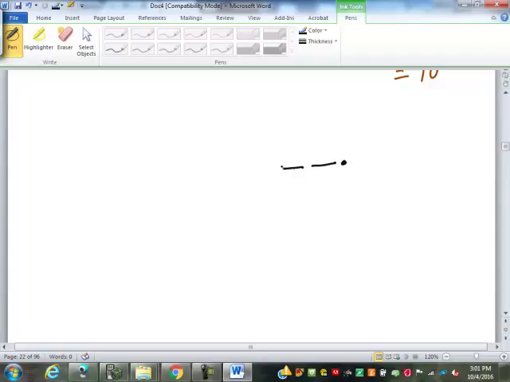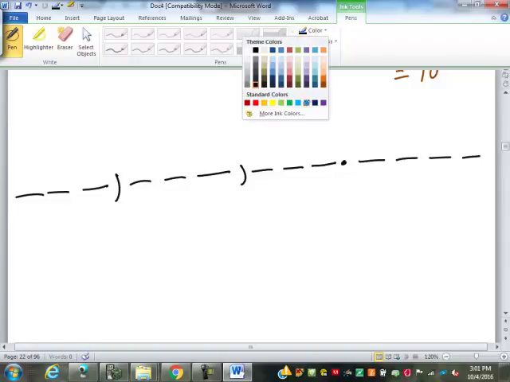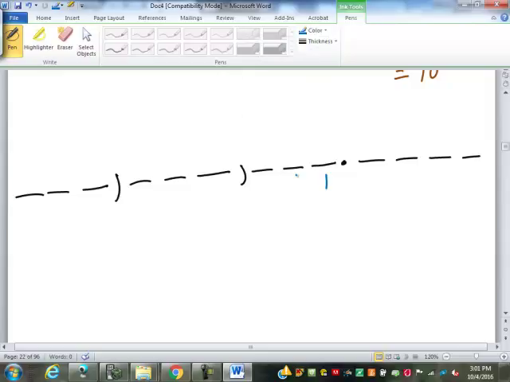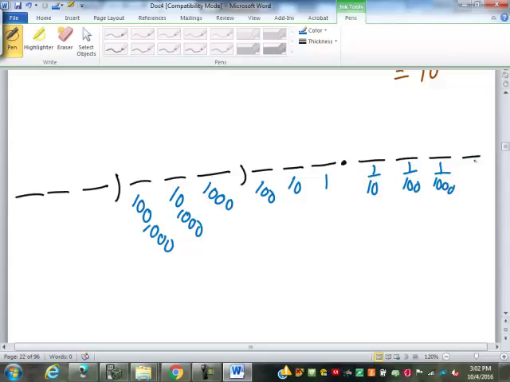let's look back at our place values again. We know that this is the ones place, tens, hundreds, thousands, 10,000s, and so on. 100,000s. This is the 10th place. This is the 100th place. This is the thousandths place, and 10,000ths, and so on.